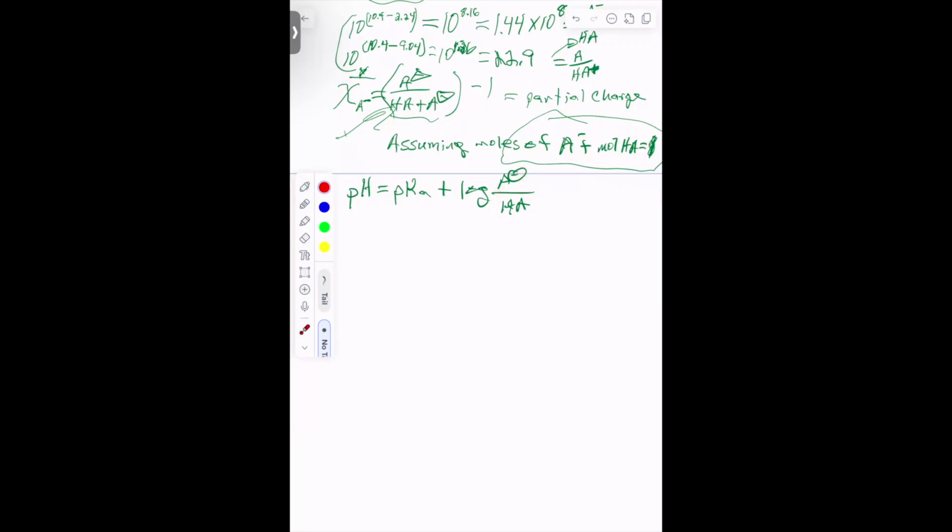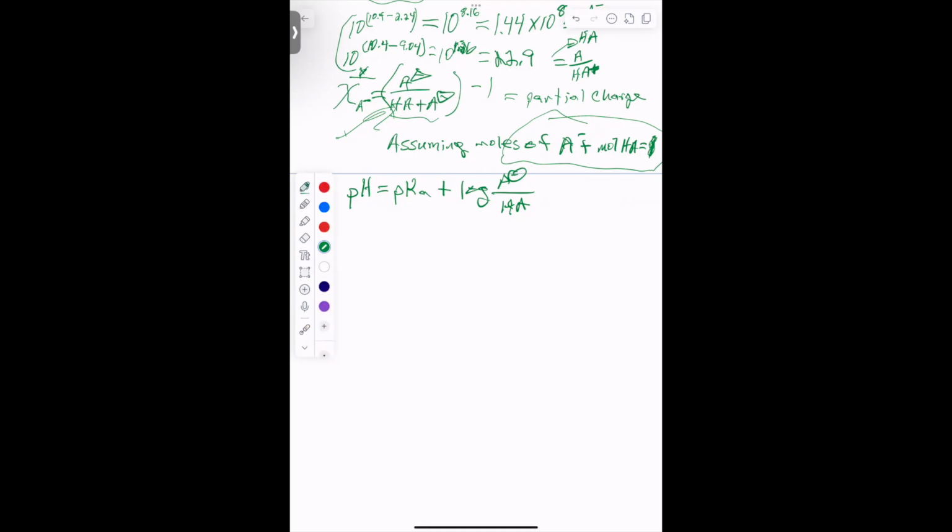We'll have two unknowns, we'll have two equations, and we'll be able to get how many of the 1 mole of the total species is A minus. That's what we're after. So let us do that.